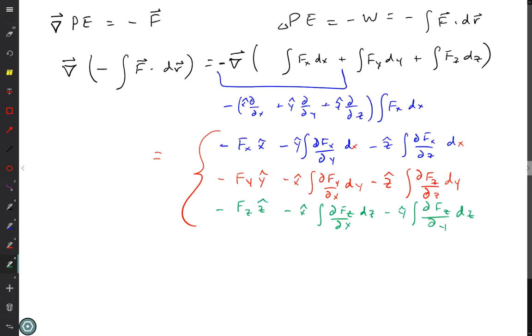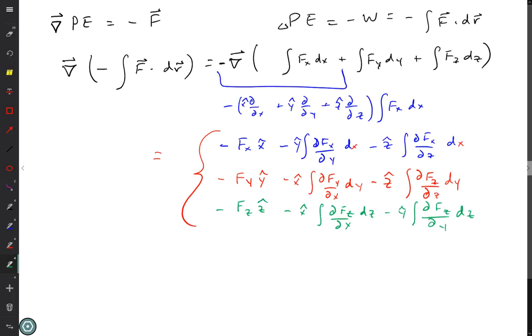Where they come from is I have x hat d dx. So the one with the d dx needs to have an x hat out front. The one with the d dy has to have the y hat out front. The one with d dz has to have the z hat out front because those were part of my gradient operator.